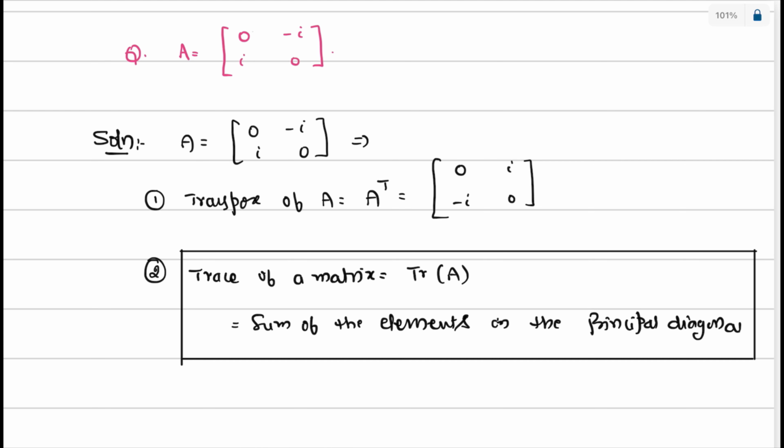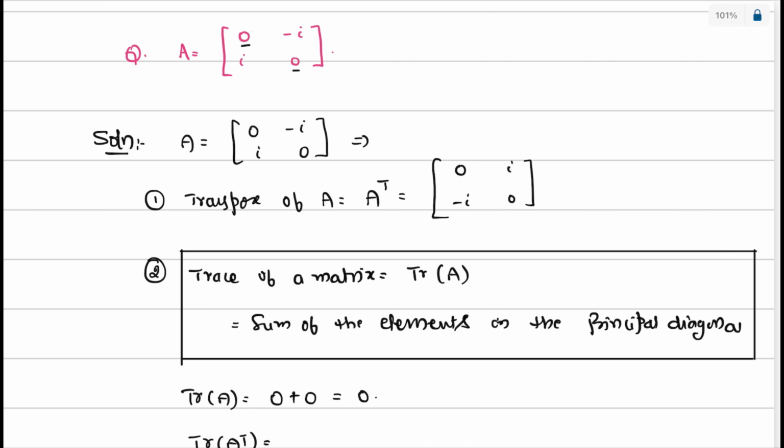Then here, what is the trace of this A? For example, trace A is equal to the sum of the principal diagonal elements, 0 plus 0, that is equal to 0. First, the transpose of the matrix we have found out, and the trace of the matrix.